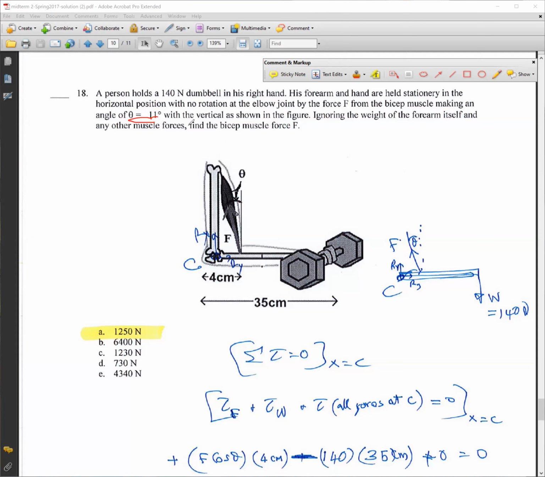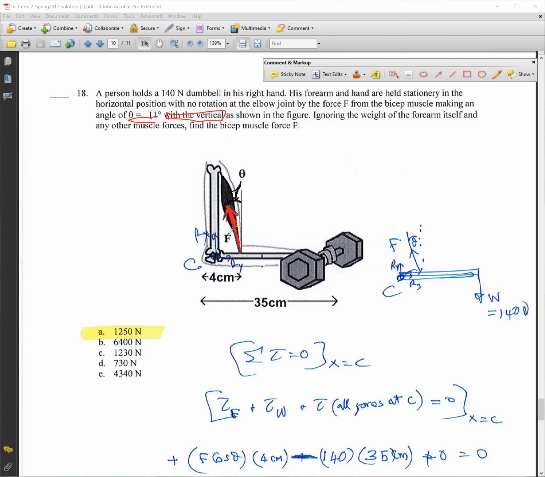Now the angle is provided with the vertical. So pay attention to this. The angle is with the vertical. Now it's not very clear. The force is like this. So I will highlight it to make it clearer.